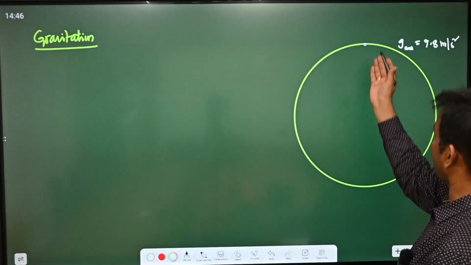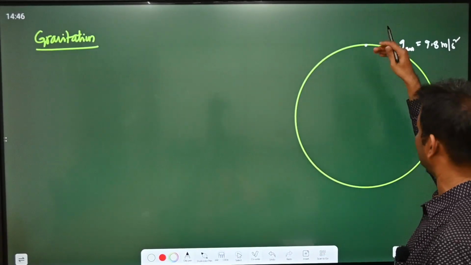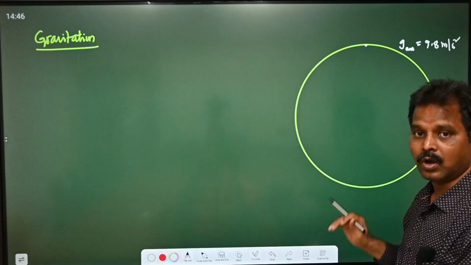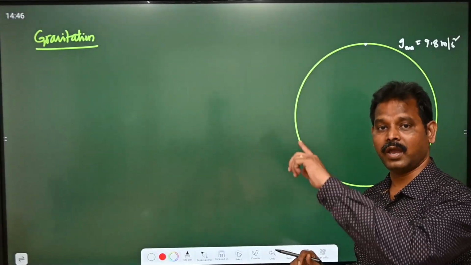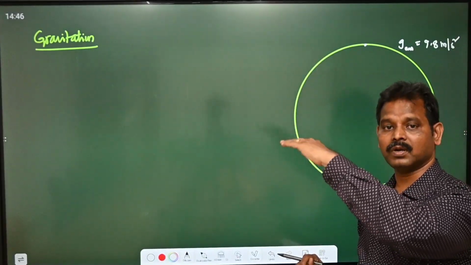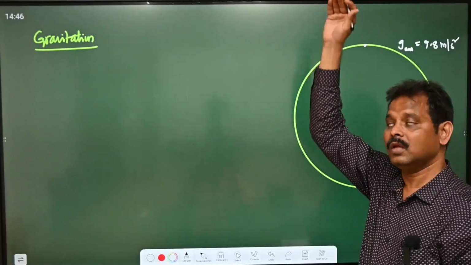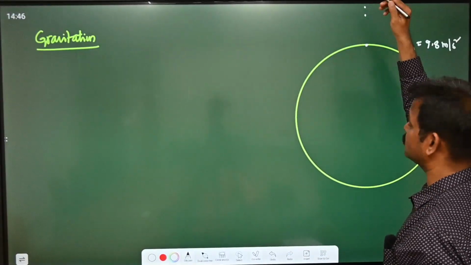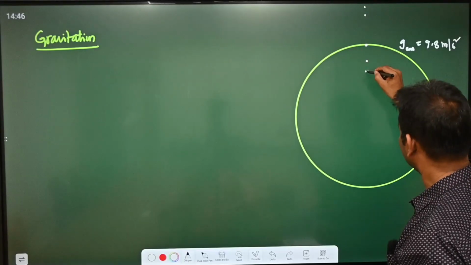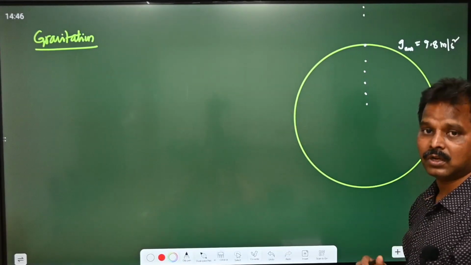But if you go away from the earth, above the surface of earth or deep into the earth, small g always decreases. Either you go up, small g will become 9.6, 9.3, 9.1 or 8.7, like that. At greater height, small g decreases. Similarly, if you go deep into the earth, also small g decreases.